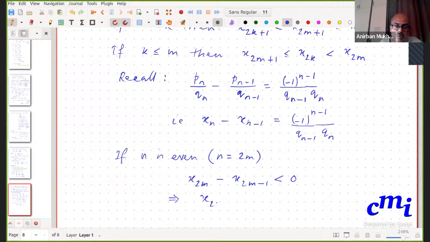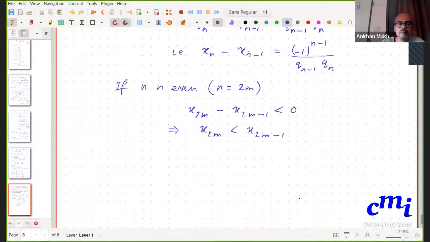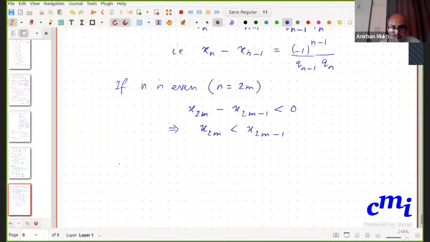Therefore, x2m is less than x2m minus 1.